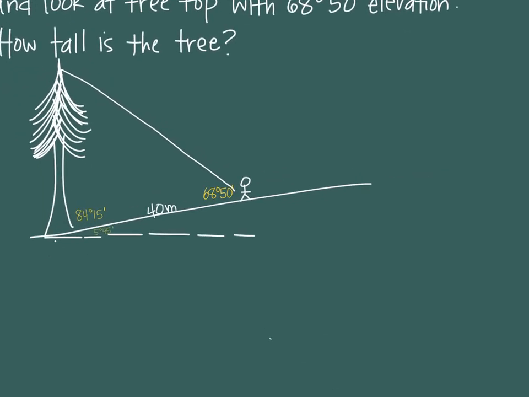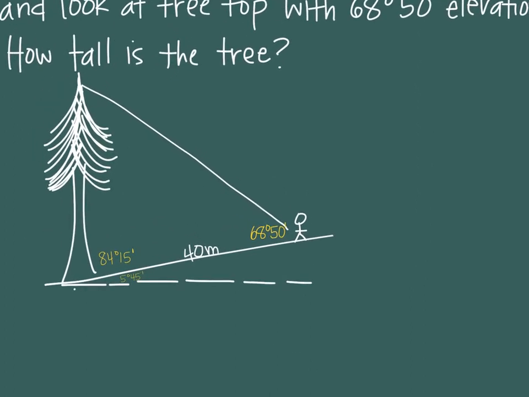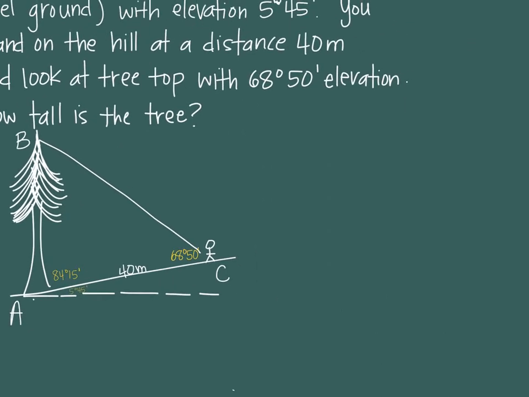This forms a triangle that's not a right triangle anymore. This triangle doesn't have any 90-degree values. But I feel like the best way to set that up is to assign some letters to the different positions. So let's assign letter A to the corner where the tree hits the hill. Let's assign letter B to the top of the tree. And let's assign letter C where we are standing. And so then for setup, you'll do your traditional setup of A, B, C compared to a, b, and c.